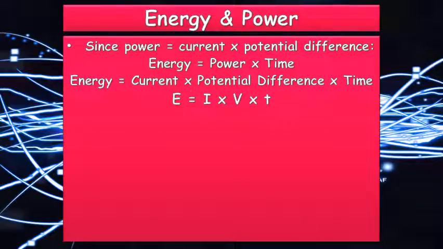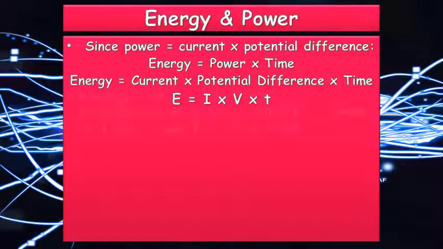Or E equals current times voltage times time. So what you're doing is pretty much just replacing power from the first equation into the energy equation.